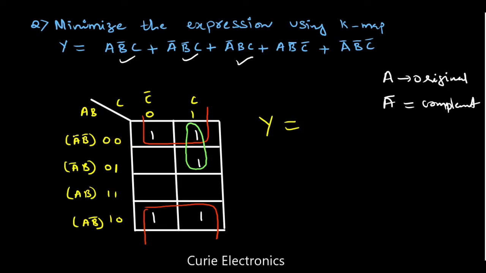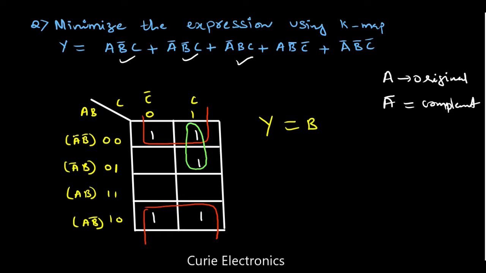A is there and A bar is there, that is original form and complement form, so these two will get eliminated. Next, when we compare these rows, B bar is there, only the complemented form. So in the expression we will get B bar.